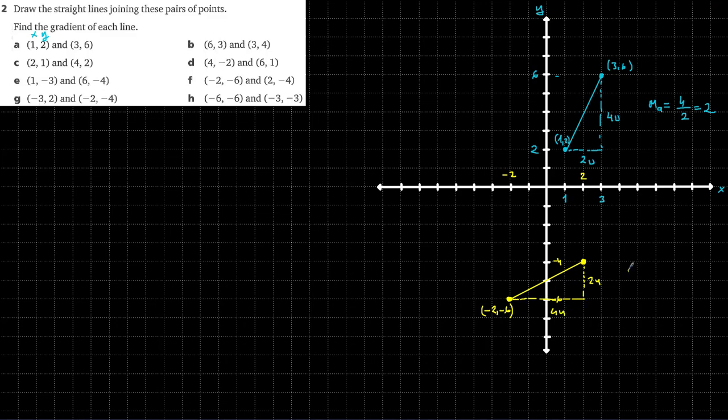So the slope or gradient of f, m_f, is equal to 2 divided by 4, which is 1 over 2 if you simplify. So the slope or gradient of the second straight line, choice f, is 1 over 2.